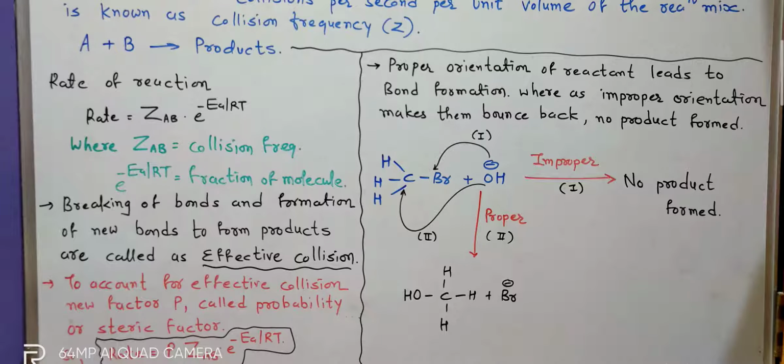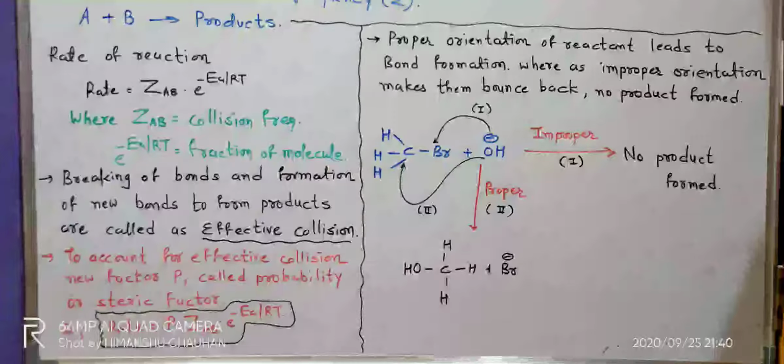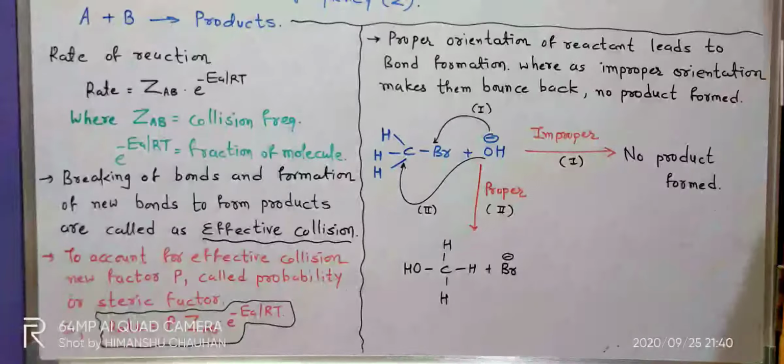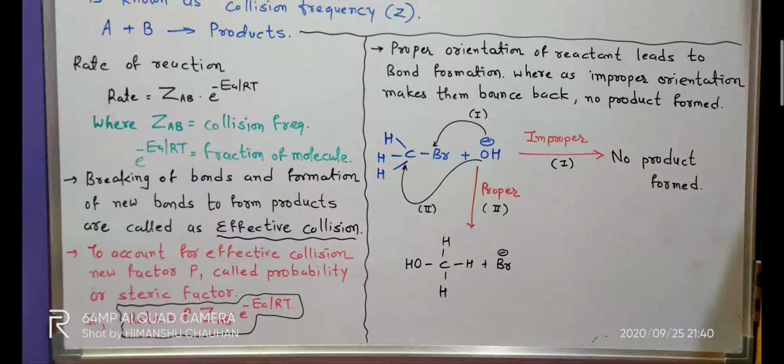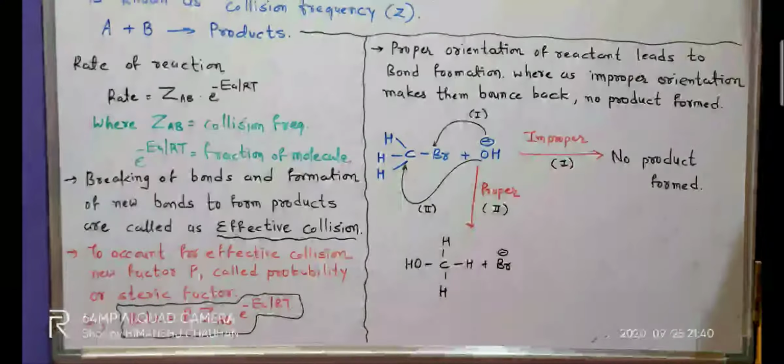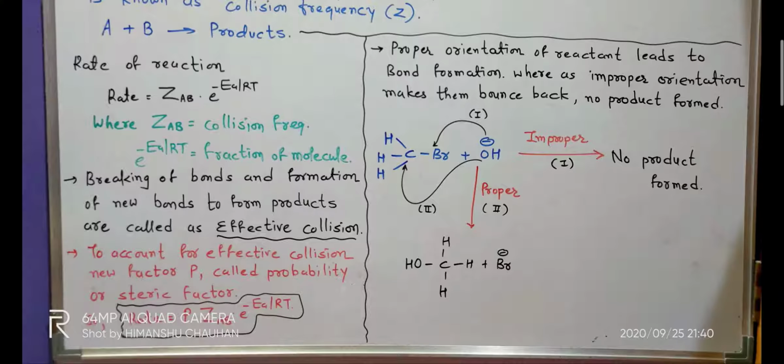To account for this effective collision, a new factor P is introduced, and this P factor is known as probability factor or steric factor. So our equation is rate is equal to P into ZAB into e raised to minus EA upon RT. The total rate equation is same as above, just only P added on the right hand side.